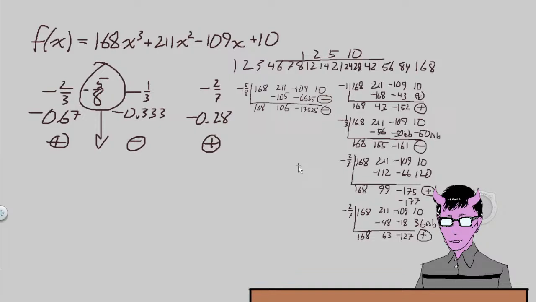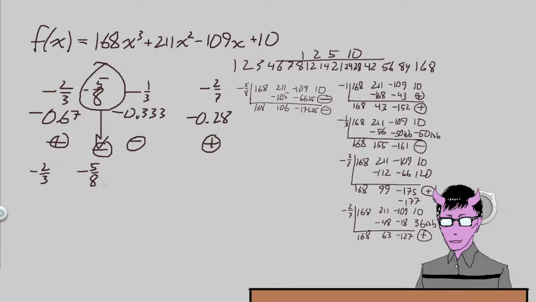Okay, yeah, the 66.25 is correct. I was wondering if that was maybe a mistake, but it is correct. So now we need to find a negative value between negative 2/3 and negative 5/8. Because again, this one produced a negative remainder. So our 0 must be between negative 2/3 and negative 5/8 as a candidate.